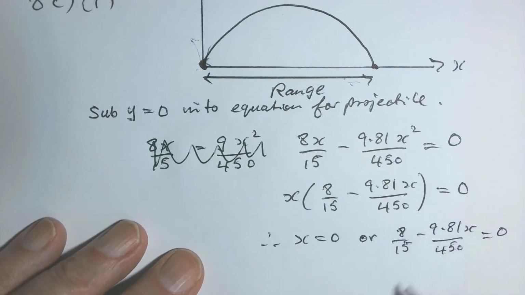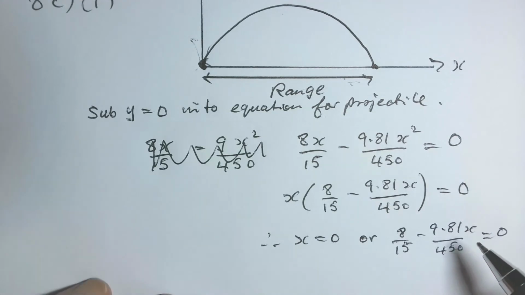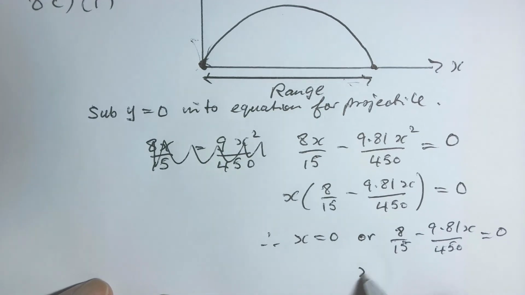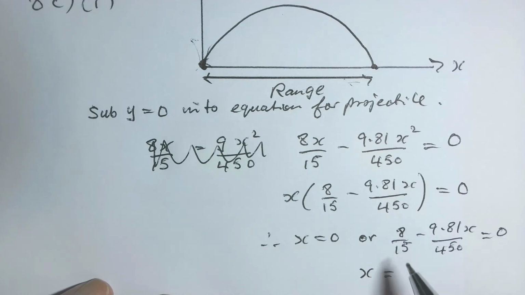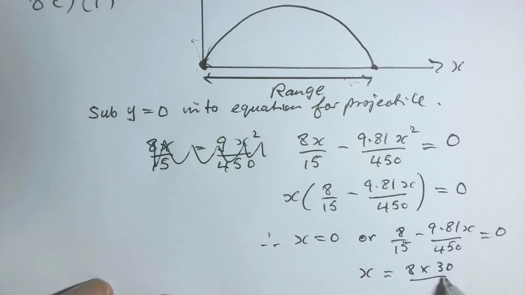When you take this over the equal sign and cancel the 15s, that's going to go 30 times. So we end up with x equal to 8 times 30 over 9.81.